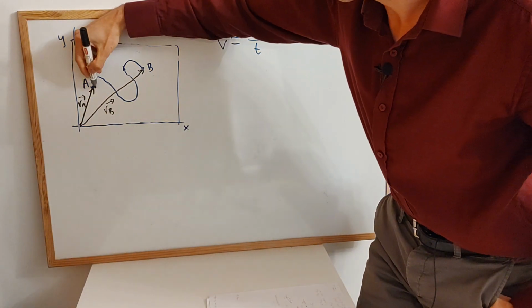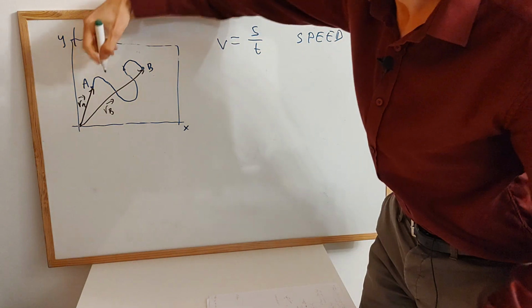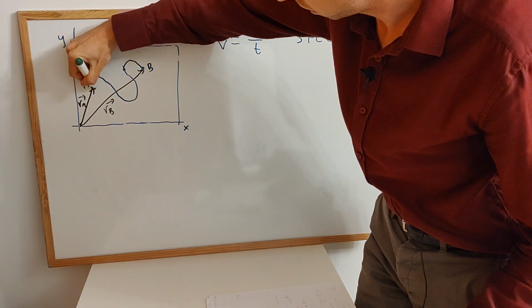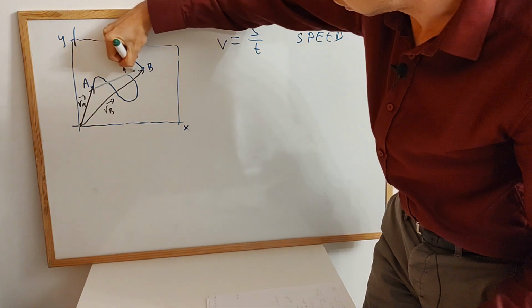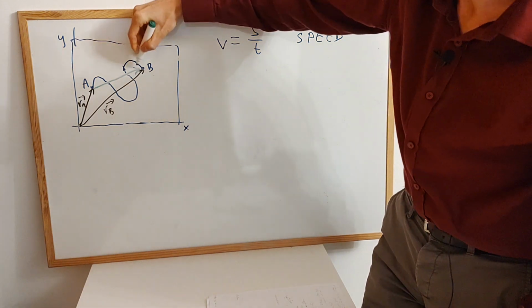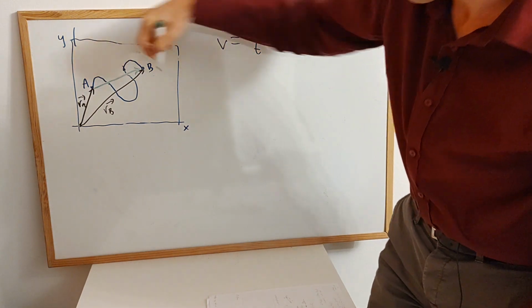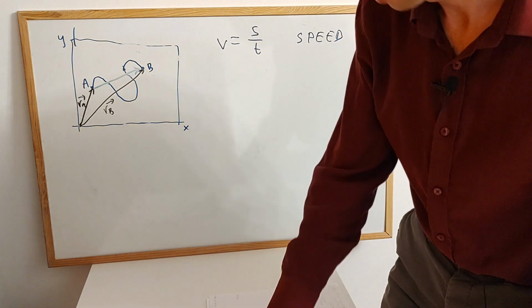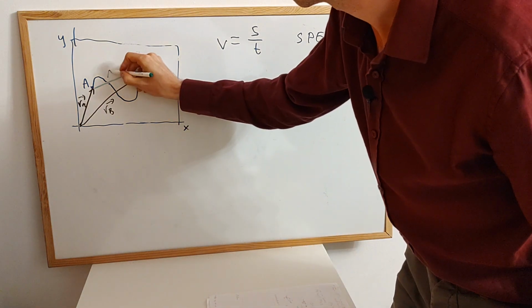So here this is the displacement between the initial and final position of the ant.